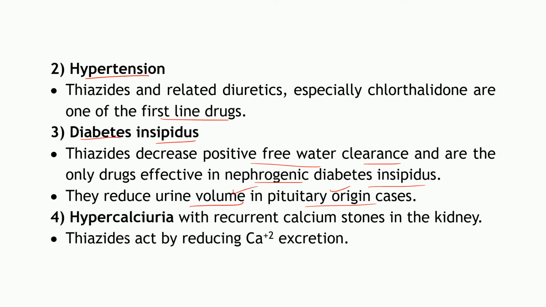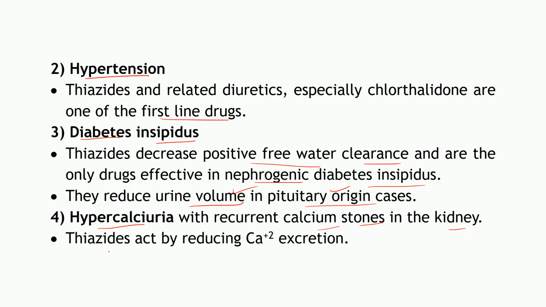Apart from that, it is also utilized for hypercalciuria. Hypercalciuria is an increase in the calcium excretion in the urine. So this may precipitate calcium stones in the kidneys. When there is more calcium excreted, there are chances of calcium stones being formed.